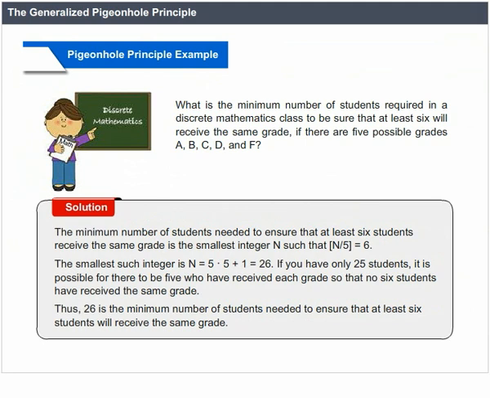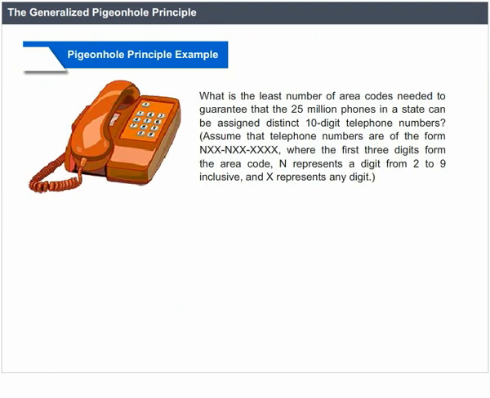What is the least number of area codes needed to guarantee that the 25 million phones in a state can be assigned distinct 10-digit telephone numbers? Assume that telephone numbers are of the form NXX-NXX-XXXX, where the first 3 digits form the area code, N represents a digit from 2 to 9 inclusive, and X represents any digit.